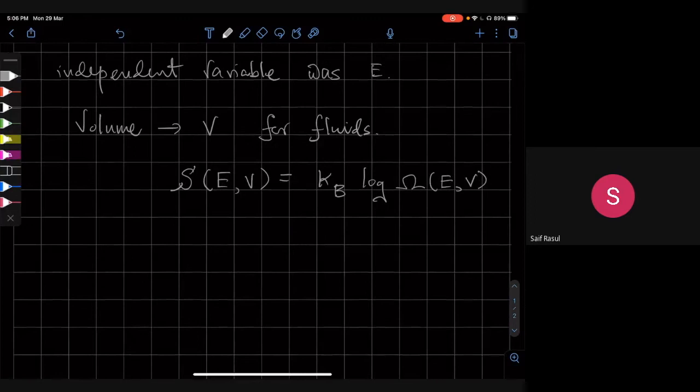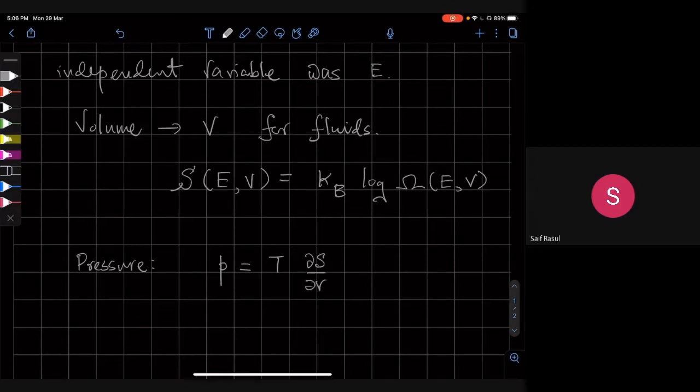But now that we can vary volume, let's define a new quantity. Let's call this pressure. Okay? So pressure, small p, people use a small p for pressure, I don't know why, is temperature times dS by dV.